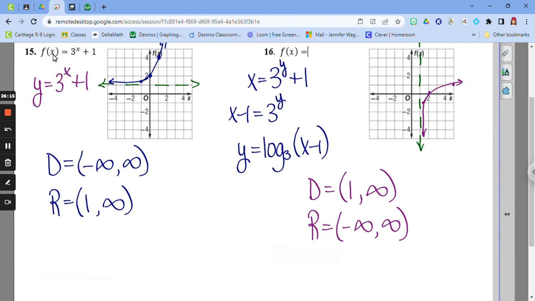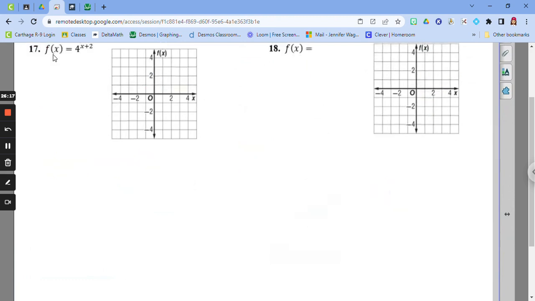So 17. This one is another one that approaches 0.